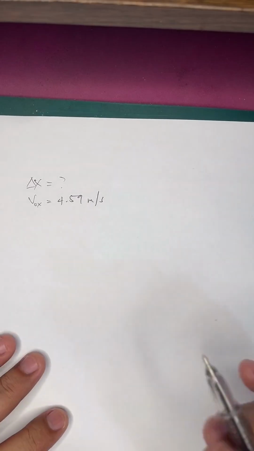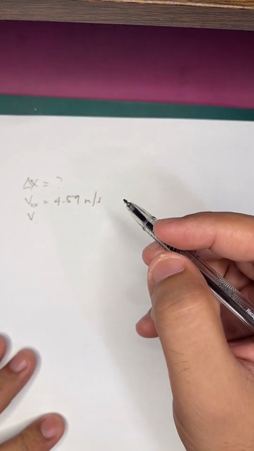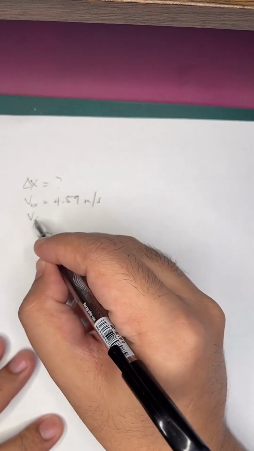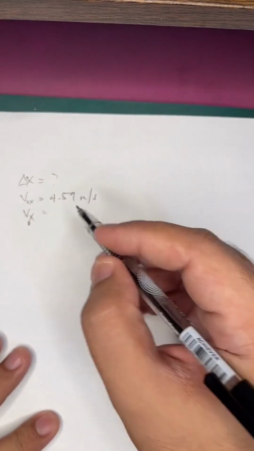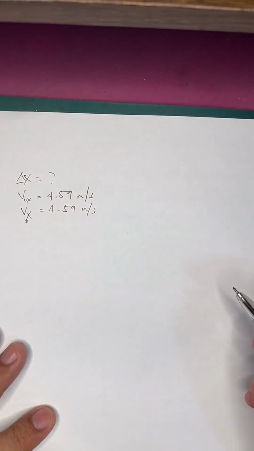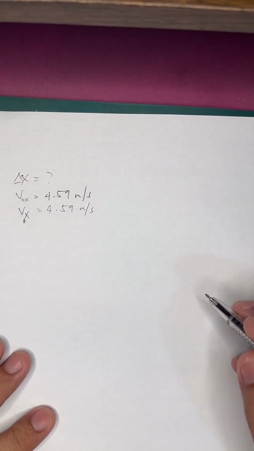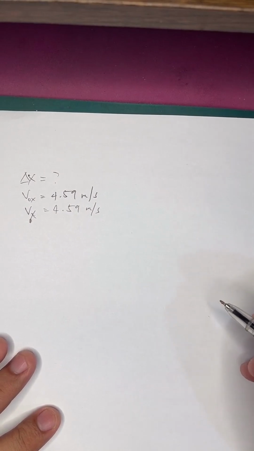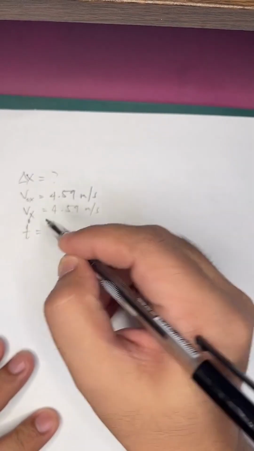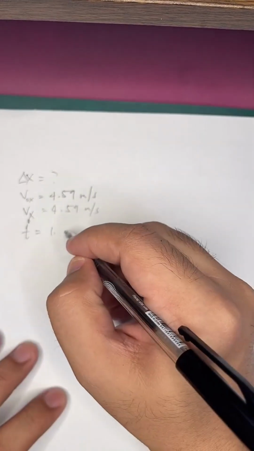Okay, so range. So V naught x and then V naught y, Vx. Since we are dealing with horizontal motion, it is already known that V naught x and Vx is the same because horizontal velocity is constant in the x-axis. Then time, we would be using our calculated time of 1.15 seconds.